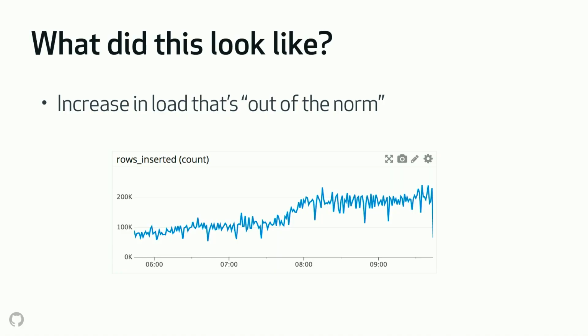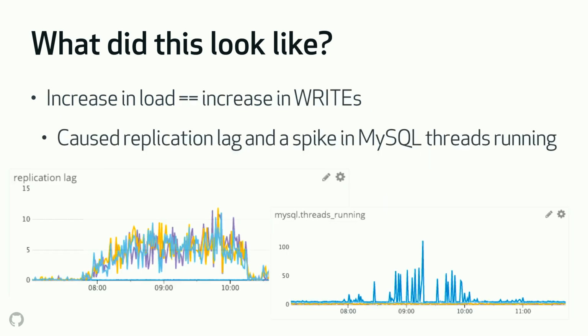So what did this look like? Here we could see an increase in load that's out of the norm, right? We have these rows inserted, and that basically doubles here. That's not something we're used to seeing. So we see some sort of large increase in updates, writes, deletes, any write action.